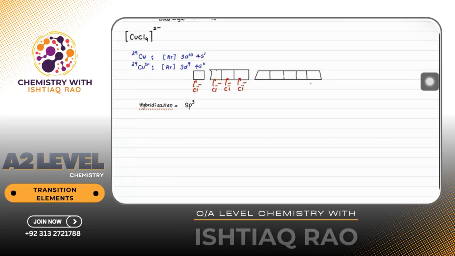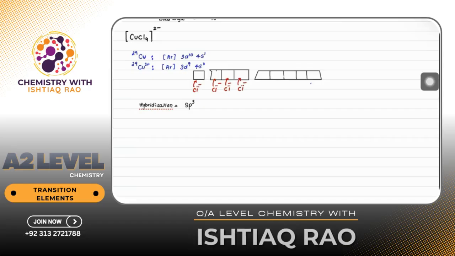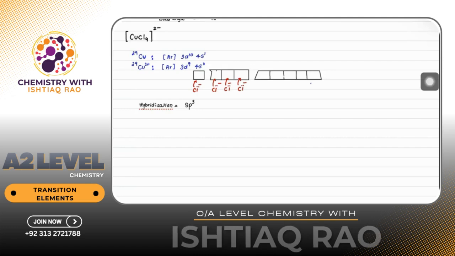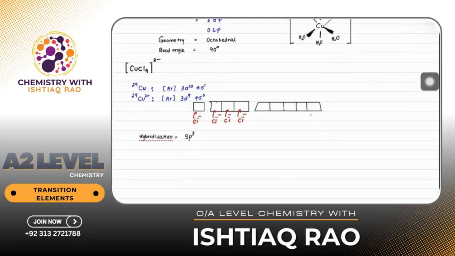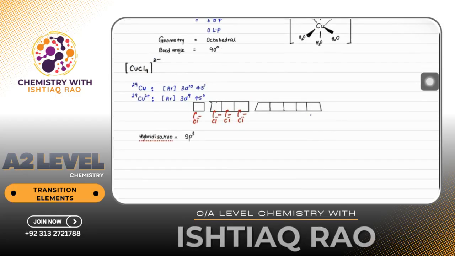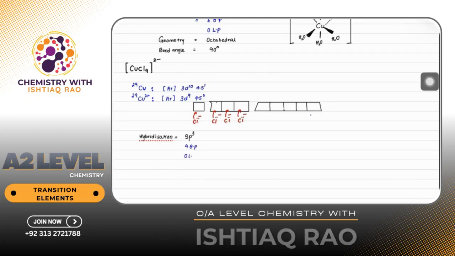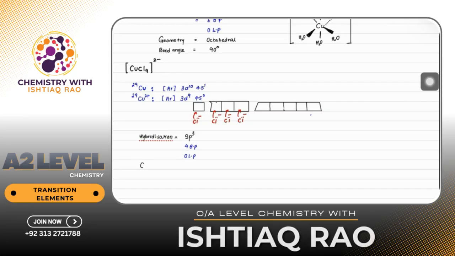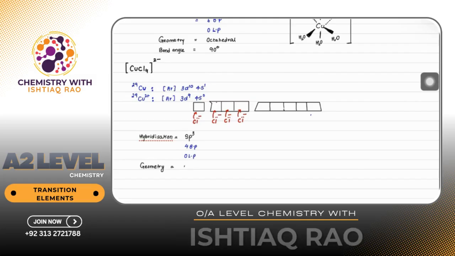If the hybridization is sp3, how many bond pairs and lone pairs are there? I can't see any lone pair of electrons in this one. So I can say 4 bond pairs and 0 lone pairs.